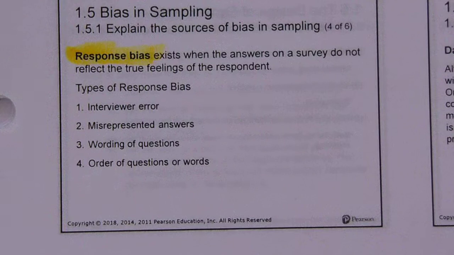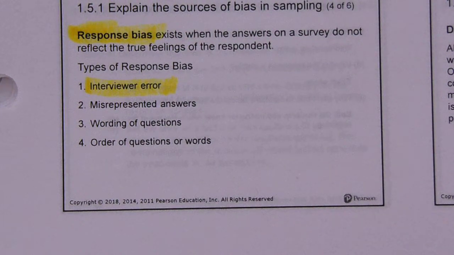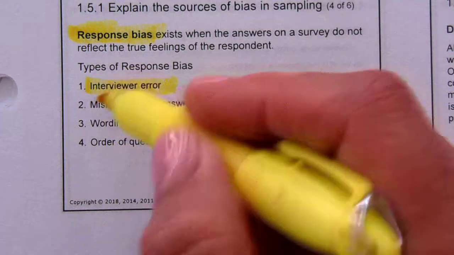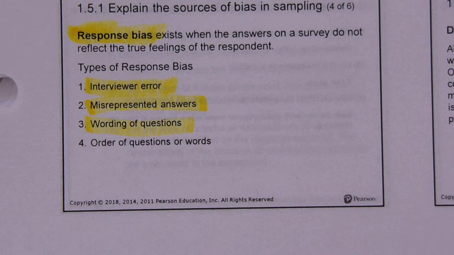It's called response bias. Okay, so the types of response bias are interviewer error. So maybe the interviewer made a mistake in the way that they asked the question. Maybe they misrepresented answers. The wording of the questions could be leading.